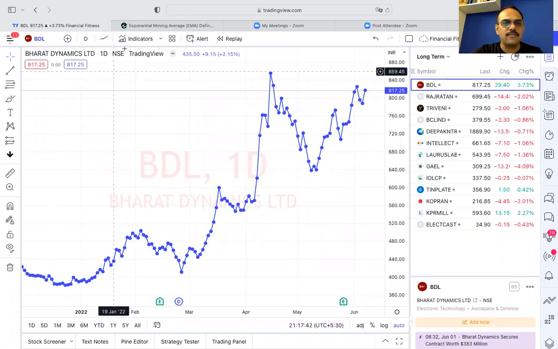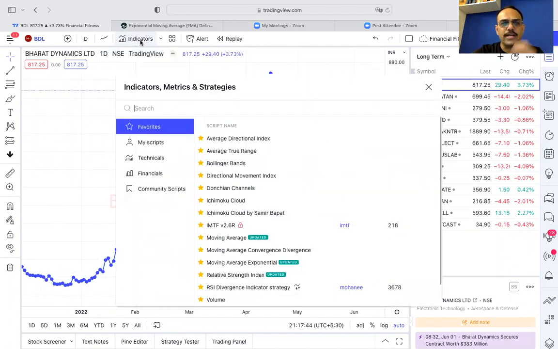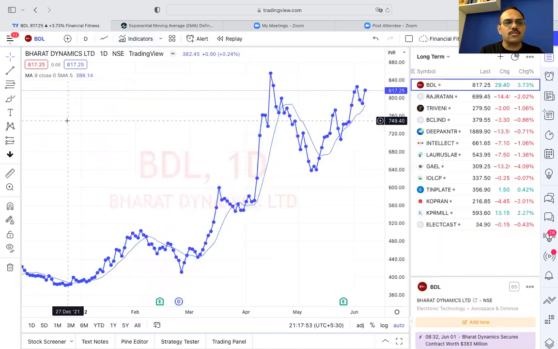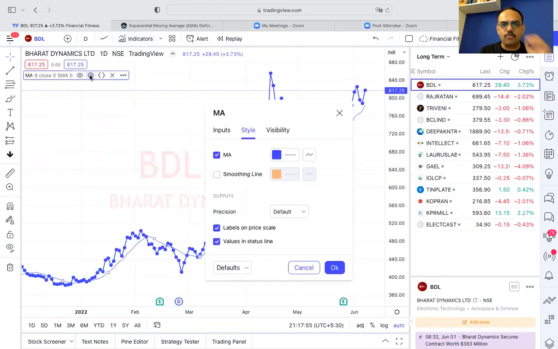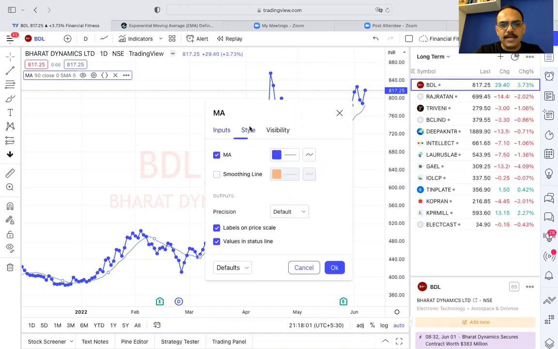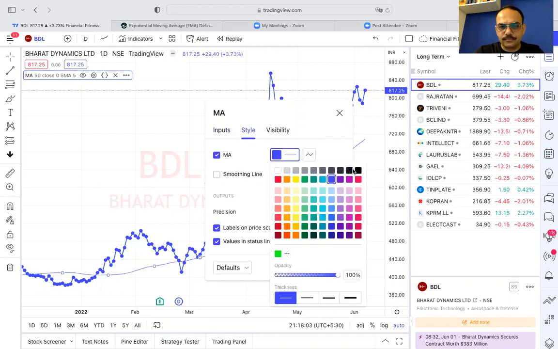Okay. So now I'll start from the beginning. Go to the indicators, type moving average. First start understanding moving average with the simple moving average. As we have learned how to bring the indicator, go to inputs, change this length to 50, and make it a little darker so that it's clearly visible.